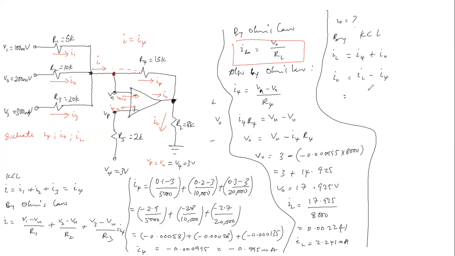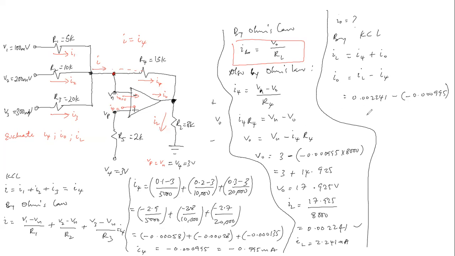So we already know that I sub L is 0.002241, minus I sub 4, which is minus 0.000995.